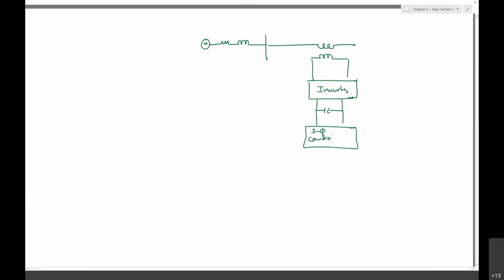You can see that this should be a control rectifier, and you have an AC system.